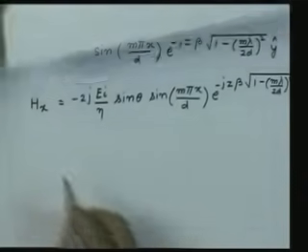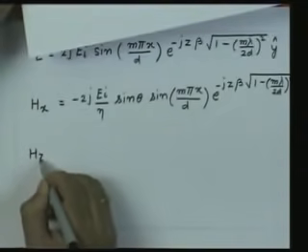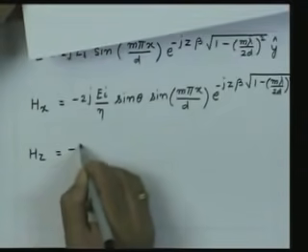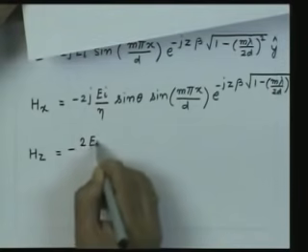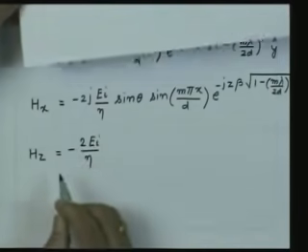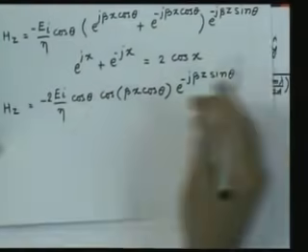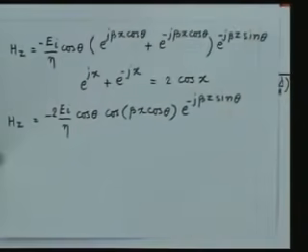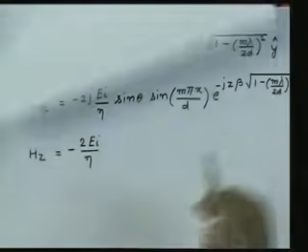And then I have the magnetic field z component, which will be H_z is minus 2 E_i upon eta cos theta, which will be m lambda upon 2d.